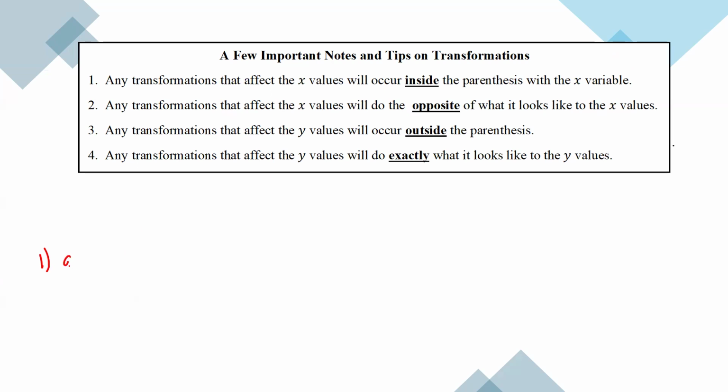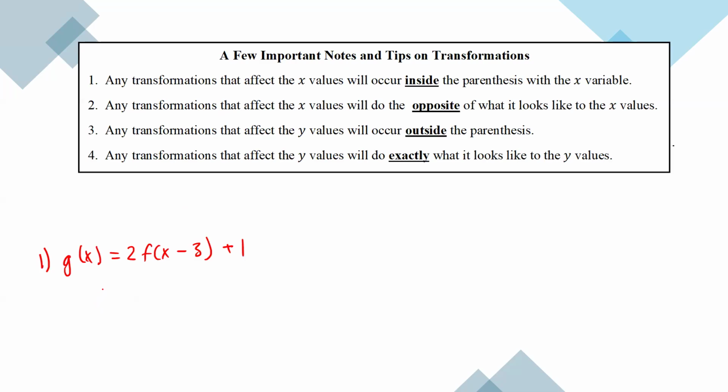Here we go. If I gave you g of x equals 2 f of x minus 3 plus 1, what transformations took place? Okay. So we got to use the correct term. So we have a vertical translation.